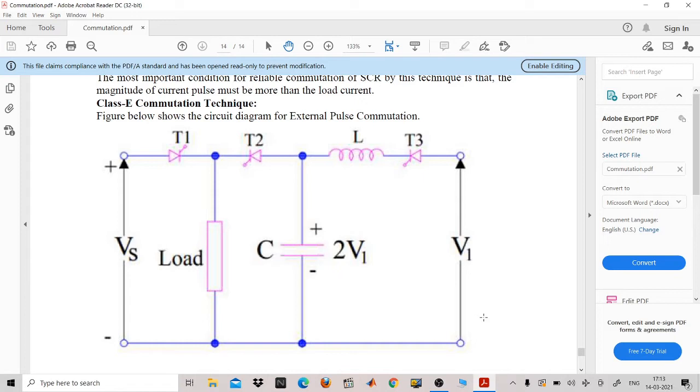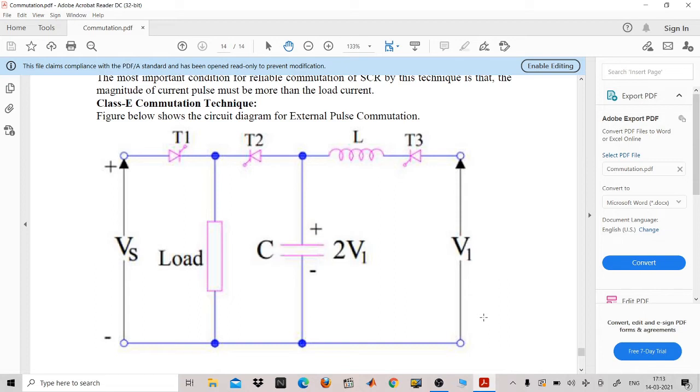That is, you are reducing the anode current value to zero. Now coming to forced commutation, when you have a DC voltage, you do not have any natural zero. It means that you will have to create an artificial zero. So under forced commutation, we will try to understand the class E commutation.